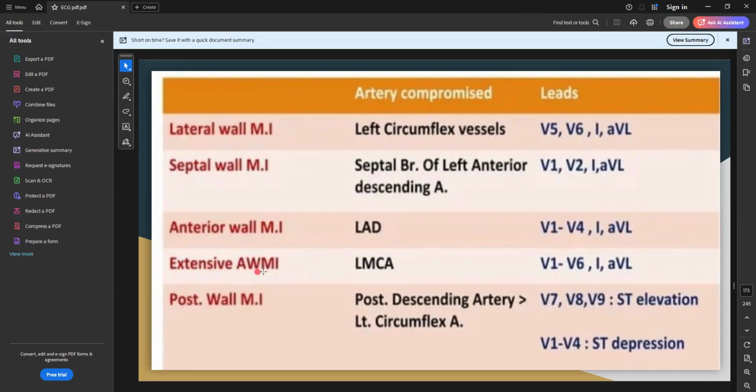In extensive anterior wall MI, the left main coronary artery is involved, producing changes in lead 1, AVL and V1 to V6. Coming to the posterior wall MI, the artery involved is most commonly the posterior descending artery. Otherwise, the left circumflex artery can also be involved, causing ST elevation in V7, V8, V9.